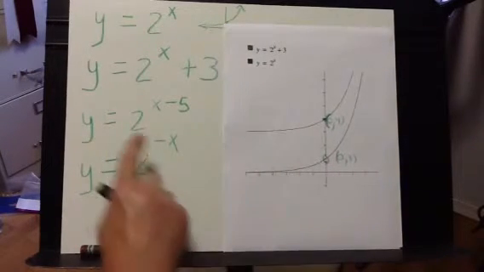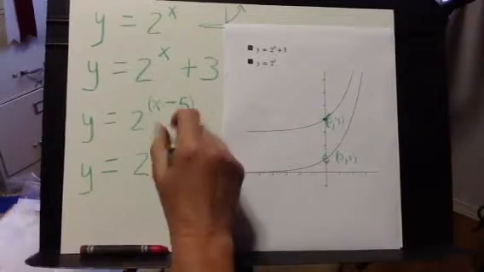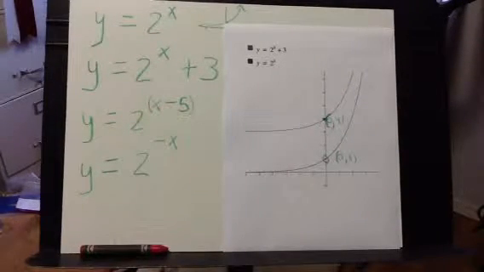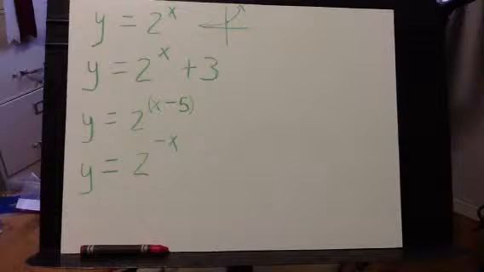What happens with this function? Well, this x minus 5, the minus 5 is grouped with the x in the exponent. That is the first operation on x. And just as we have studied with other kinds of functions, if the very first operation on x is a plus or a minus, then that is a left-right shift, and it's opposite from what you expect.